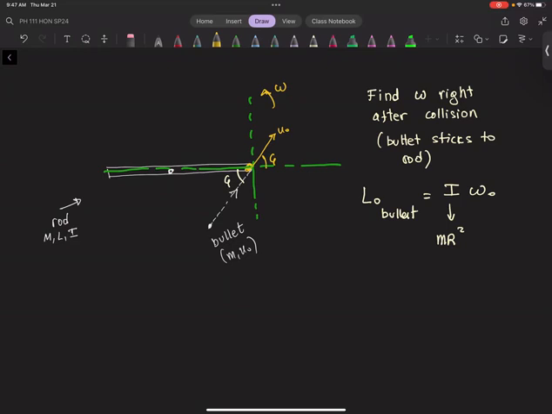Now, right before it hits the rod, just right, it's a tad, it's femtosecond before. Can we say that my bullet, which has speed u-naught, right? Still has u-naught, but what about, can we calculate the omega naught for the bullets?